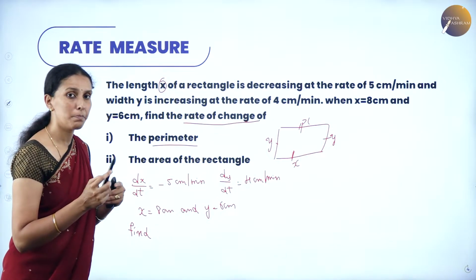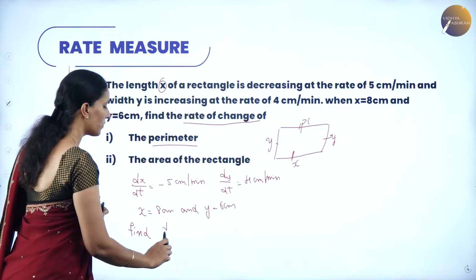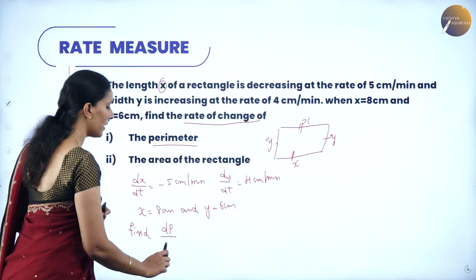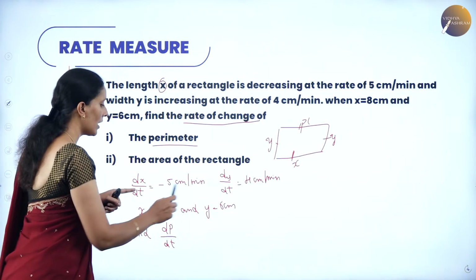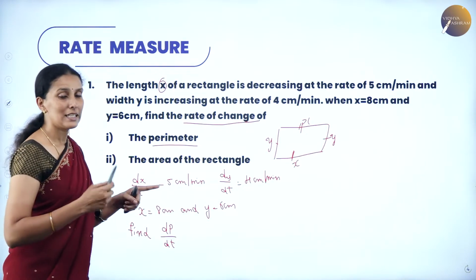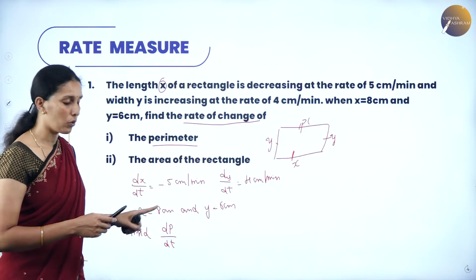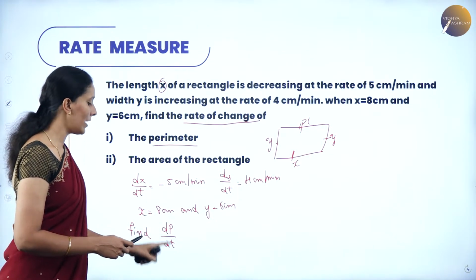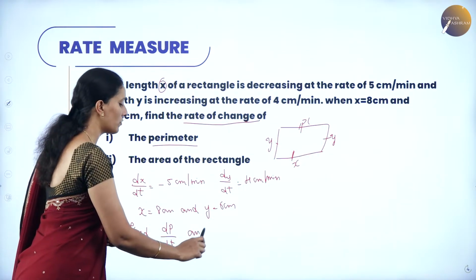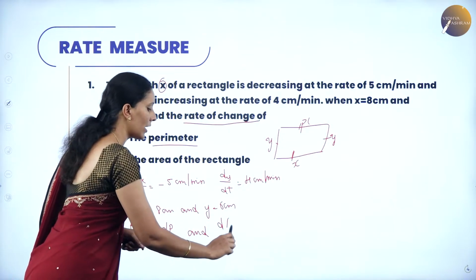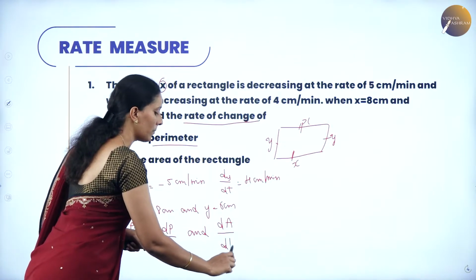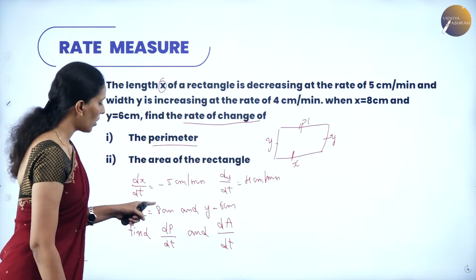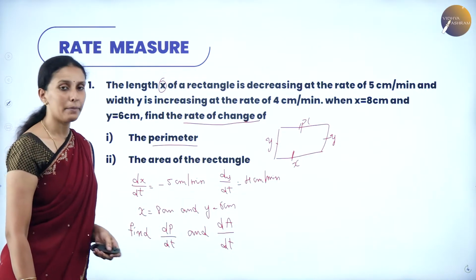Perimeter we take as P. Rate of change of perimeter means dP with respect to time, because each term here is taken with respect to time only. So we have to calculate dP by dt, and the rate of change of area, which we take as dA by dt. Now let's find out what dP by dt and dA by dt are.